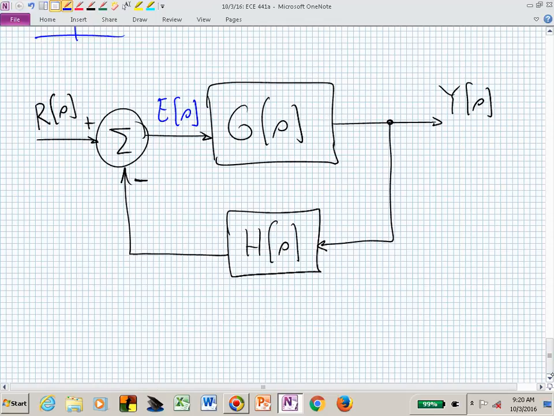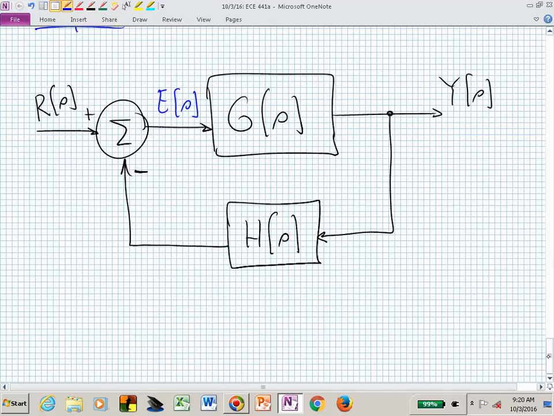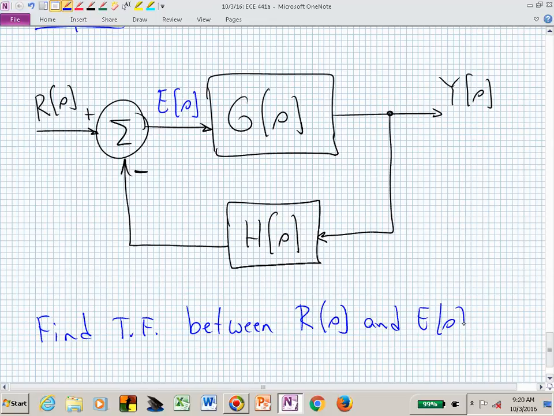And if I now am interested in that error signal, what is the transfer function between the reference input R of S and that error signal E of S?